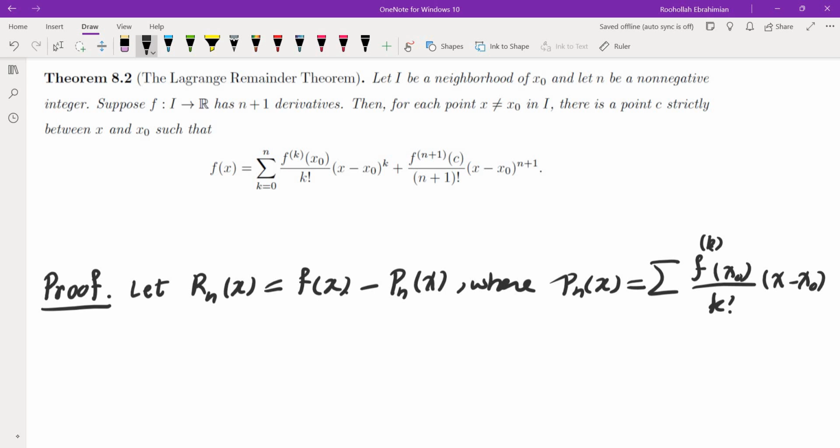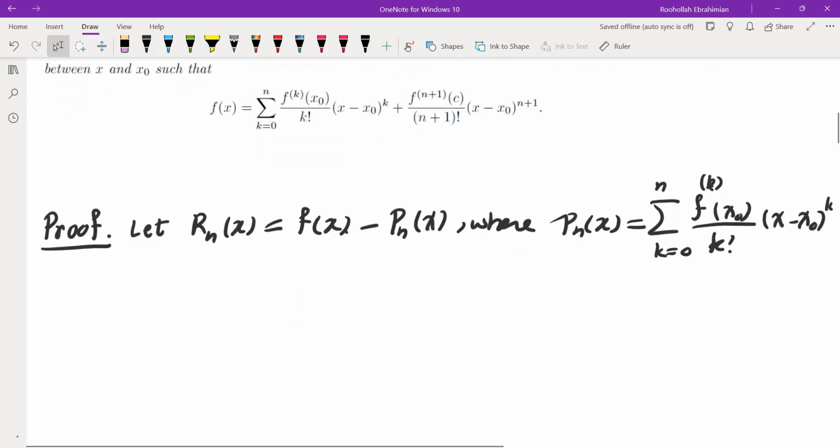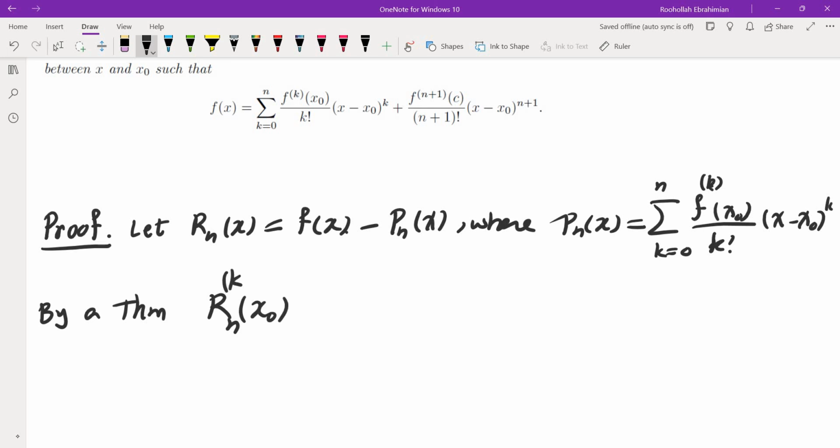x minus x naught to the power of k, where k ranges from 0 to n. So what we know by a theorem: if you take the kth derivative of Rn at x naught, this is f^(k) of x naught minus Pn^(k) of x naught. This is just by additivity or linearity of derivatives.